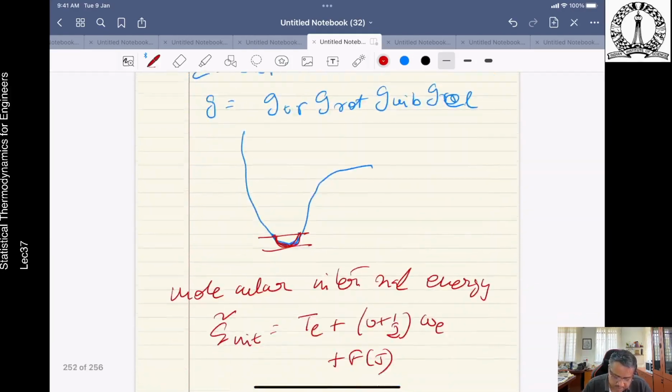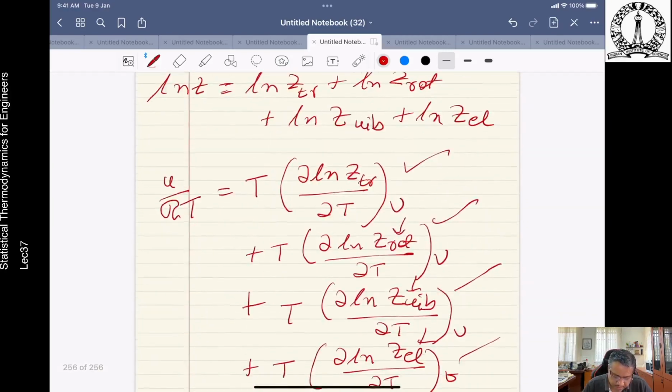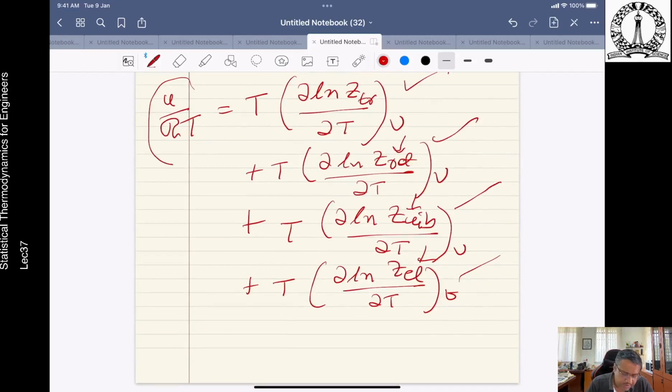Through this nice separation, we can show that the internal energy, for example, is a sum total of the individual components coming out of the four independent energy modes. Similarly it should be the case with entropy and many other things.